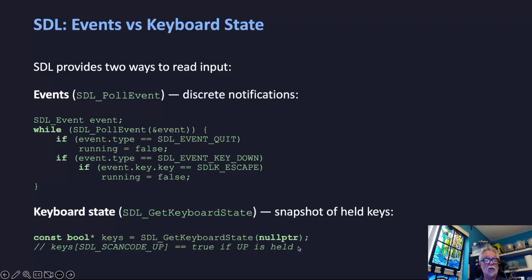So again, there's two ways that we can get data from SDL. One is this one here. It tells us an event that something has happened. And here we have the keyboard state. Now, as many of you know, when you are typing on your computer, you get an event for a key down, and then you get key repeats, right?